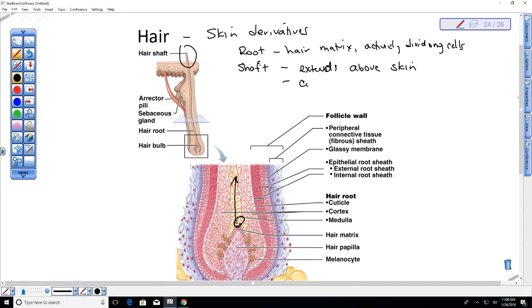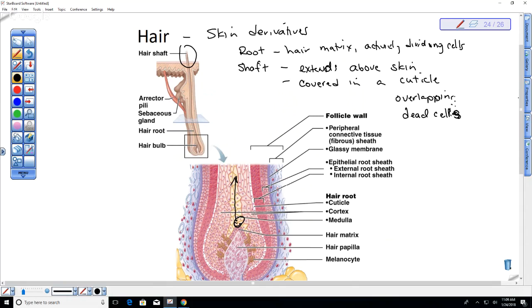And it's covered in a cuticle. The cuticle is composed of cells that overlap like shingles on a roof, right? So your hair cuticle is overlapping dead cells.